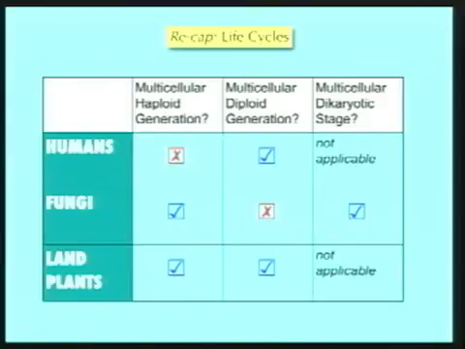The fungi, and actually also the closest relatives of the land plants, have a zygotic life cycle where the only diploid stage is the zygote, and the only multicellular organism in that life cycle has haploid nuclei.